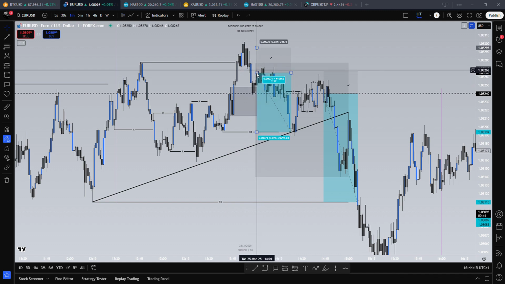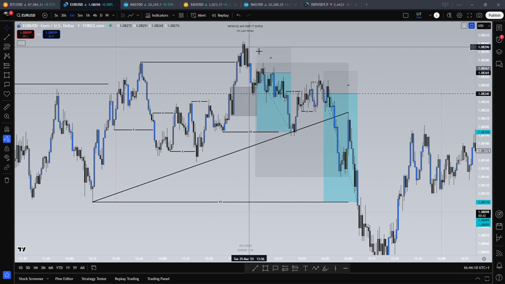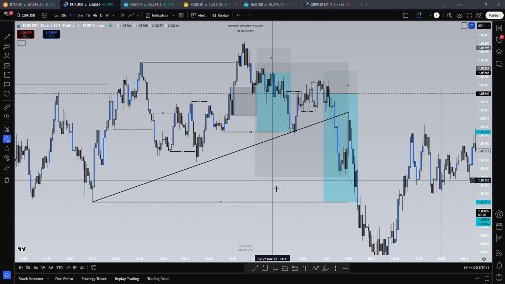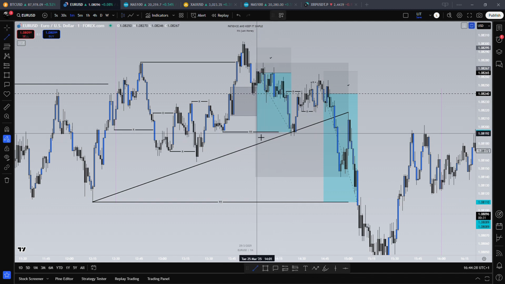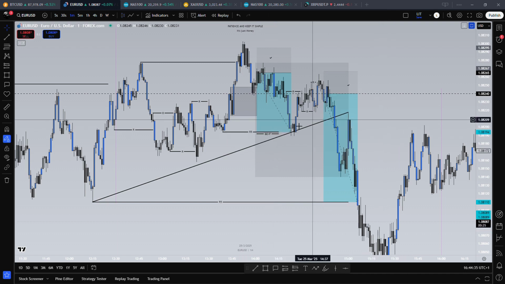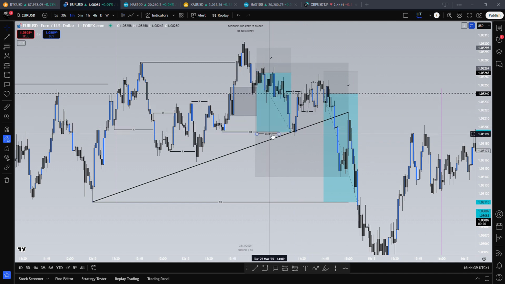I didn't wait for an engulfing candle, and I entered here with stop loss above here, and TP was here. Then we took partials here and break even. I'm gonna mark that up. Okay, which was perfect, and then we went up.